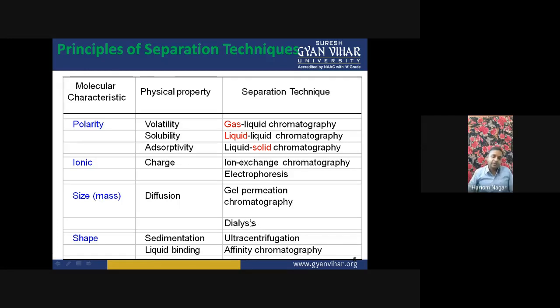In dialysis, there is also the purification of the blood. All this is also based on diffusion, in gel permeation chromatography or in dialysis. In dialysis, diffusion is the basis of the purification of the blood.